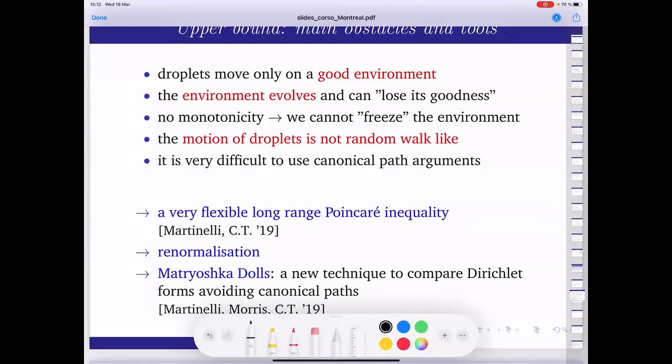Which model? It is a model with long-range constraints, which is a key tool for our study, because it's the tool that allows us to freeze the environment. So the environment cannot be frozen in the sense that I cannot compare two dynamics in the sense that they stay ordered, if I let one dynamics evolve normally and in the other one I freeze the environment.